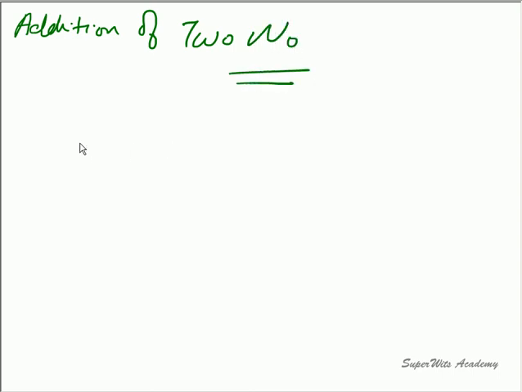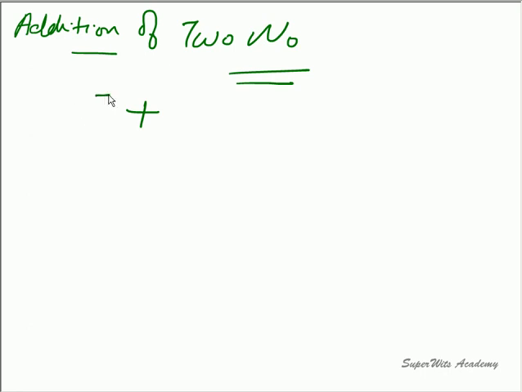Let's take an example, and let's suppose that we want to perform an addition of 2 numbers. Now what exactly is the process? If I want to make addition, that means I require an operator which resembles the addition operation.